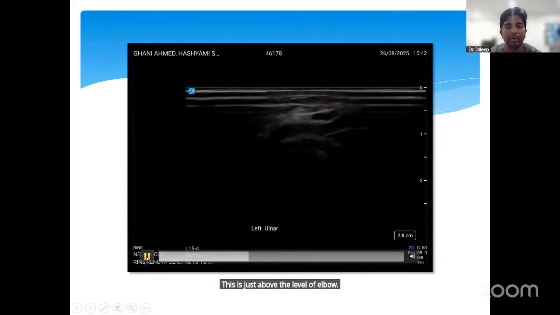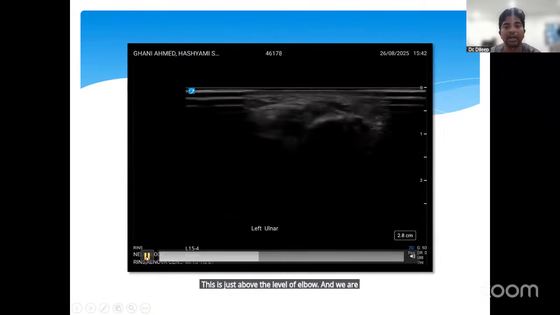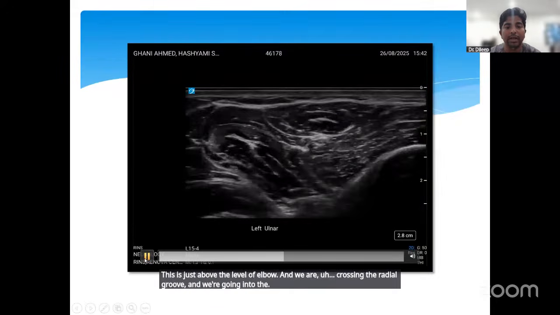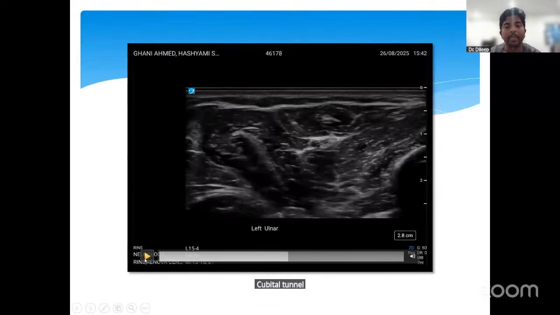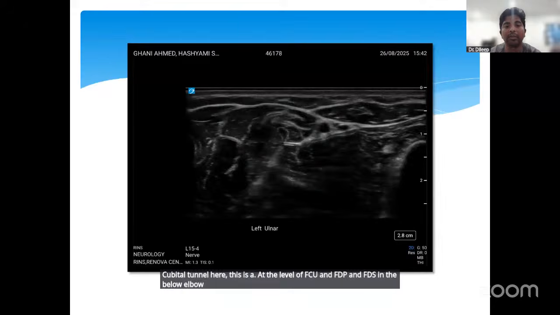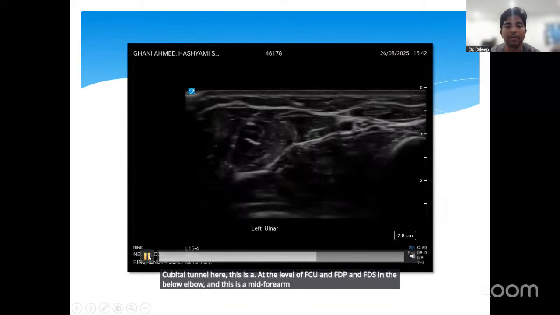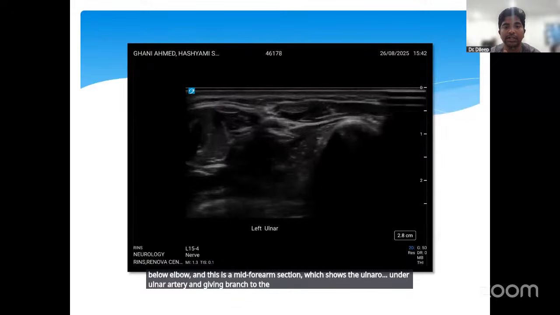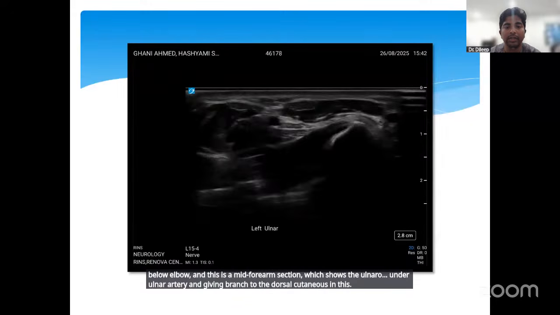This is at the level of the elbow, and we are crossing the radial groove and going into the cubital tunnel. Here, this is at the level of FCU, FDP and FDS below the elbow, and this is a mid forearm section which shows the ulnar nerve and ulnar artery giving a branch to the dorsal cutaneous branch.